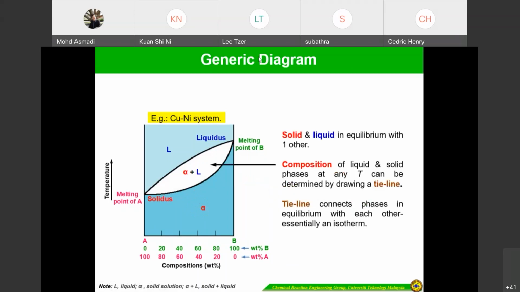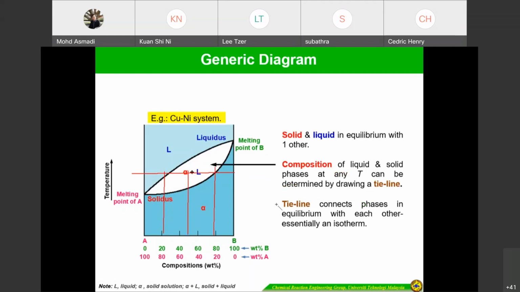In equilibrium, the composition of liquid and solid phase at any temperature can be determined by drawing a tie line. What is the meaning of the tie line? For example, this one. You know the temperature, right? And then you know the composition, how to determine the composition. So this is a tie line.